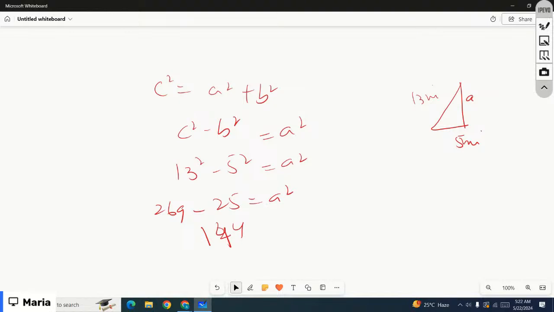That is 244. 244 it is, right? So A equals... 13 square is 169, not 269, right?